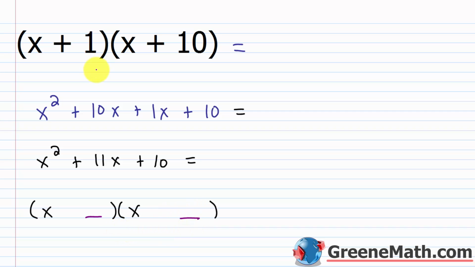We know that we multiplied the outer terms, x times 10 to get 10x, and the inner terms, 1 times x to get 1x. We know those combine to give us 11x. So in other words, this coefficient of 10 plus this coefficient of 1 added together give me the coefficient on my middle term. So 10 plus 1 gave me 11.